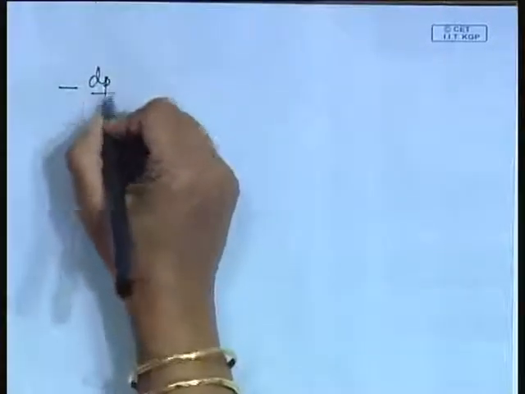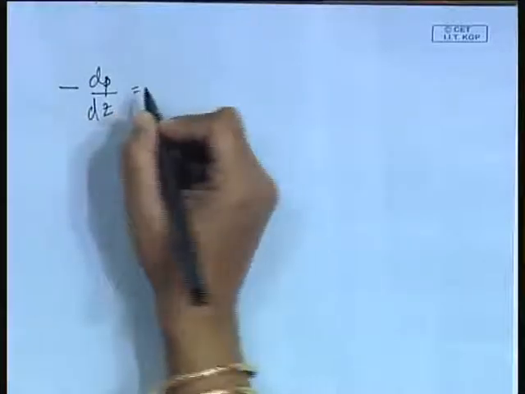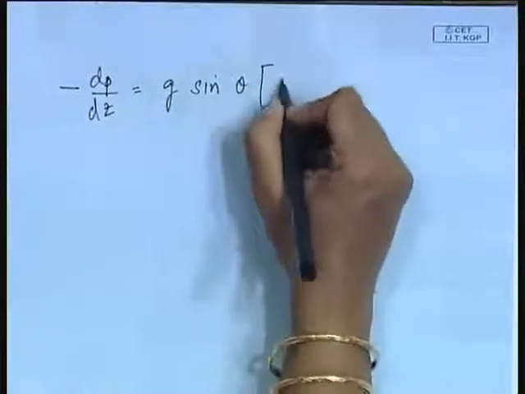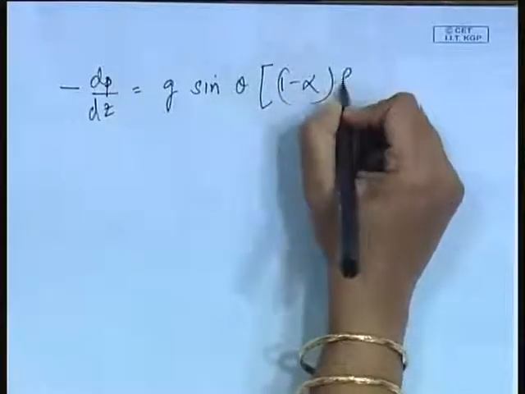If we look at the mixture pressure gradient equation, I will just write it down once more. It was something of this sort: 1 minus alpha rho 1.